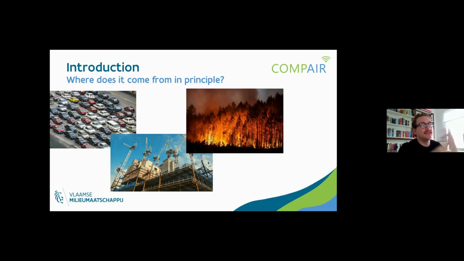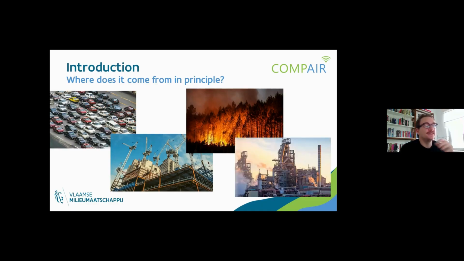Then there is any kind of organic matter that burns. So this could be a natural occurrence like a forest fire, but it could also be fossil fuels burning. It could be intentional wood burning, anything like this. And then industry. And of course, there are many more sources, but these are the typical things that people think of when they think of the man-made primary sources, I should say, of particulate matter.